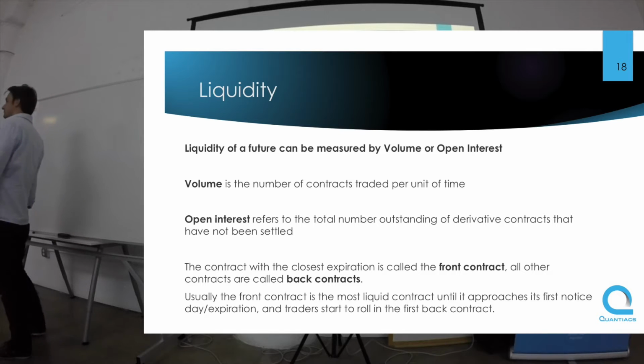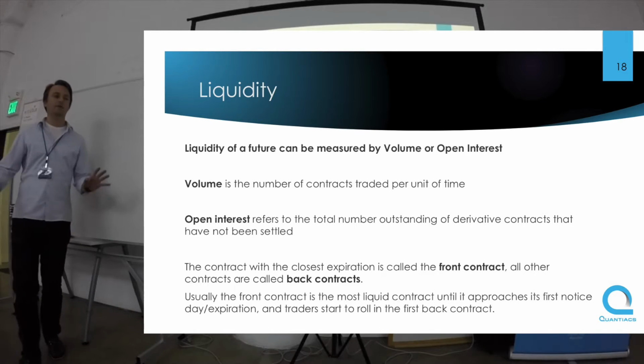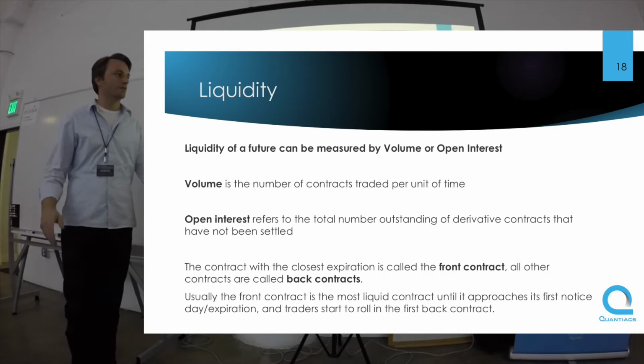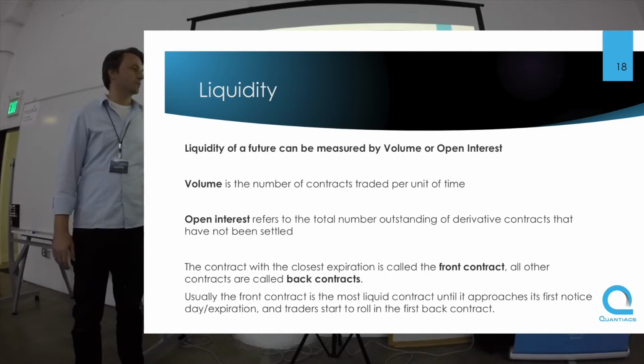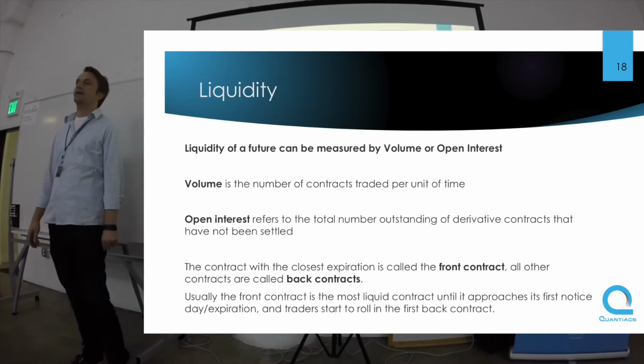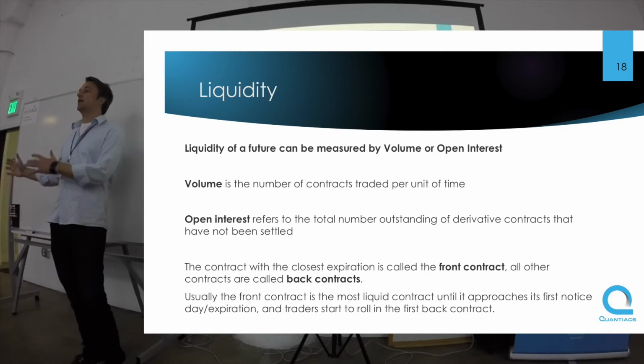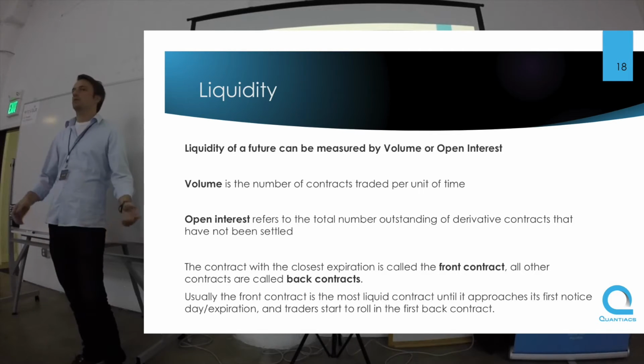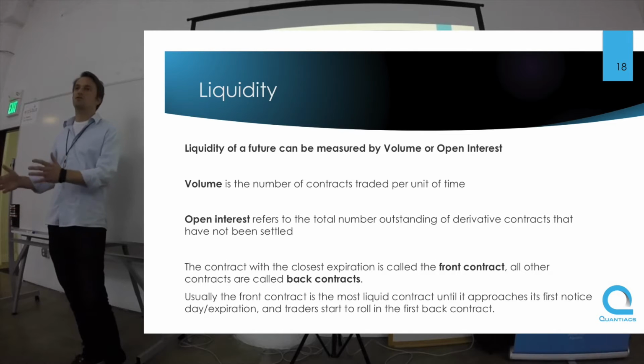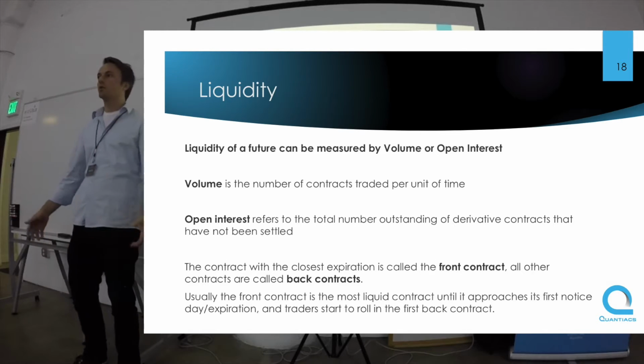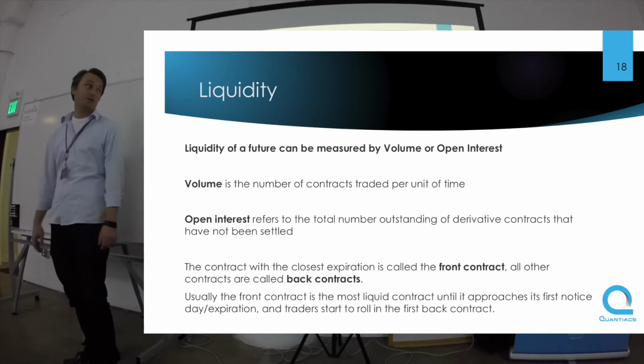Usually in the industry, futures are said to be most liquid, and these are the ones that we want to trade. The contracts are the most liquid where the open interest is the highest, because this means that there are the most outstanding contracts, and this is what most traders, hedgers, speculators hold in their portfolio.